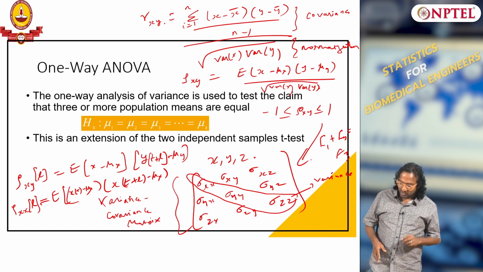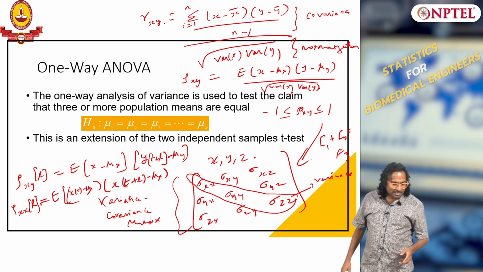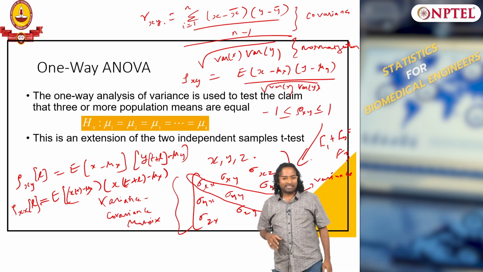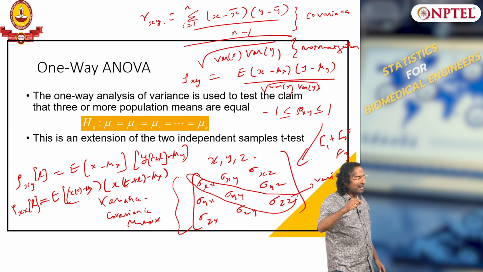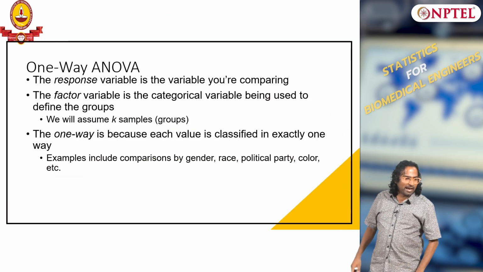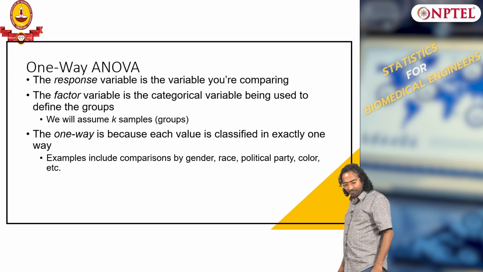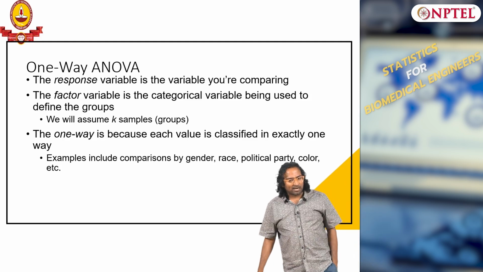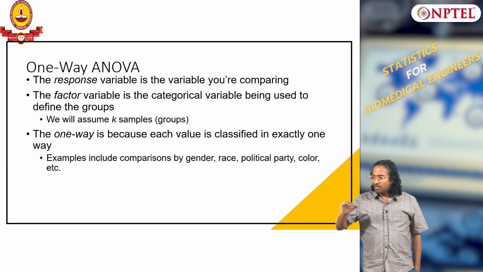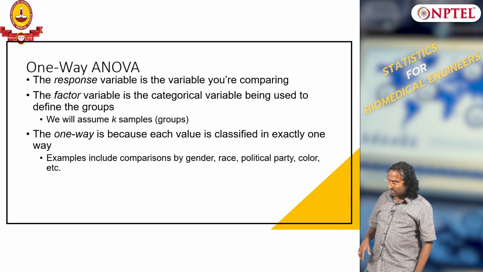Make sense? Okay. So this is an extension of what you can think of as a 2 independent sample t-test. Of course later on I will add interactions as well. Right now I have not included interactions; we will add them at a later point in the same idea. Okay, and in ANOVA there is some jargon, and this jargon is typically true for all kinds of experimental designs.